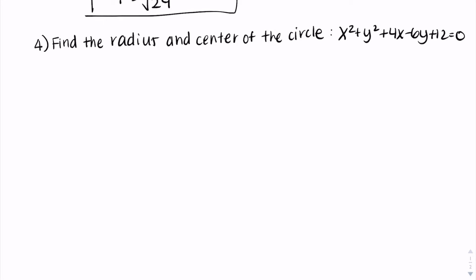So you want to group all the x together first and then group all the y together. So let's rewrite this as x squared plus 4x, I'm going to leave it blank, plus y squared minus 6y plus 12 equal to 0.